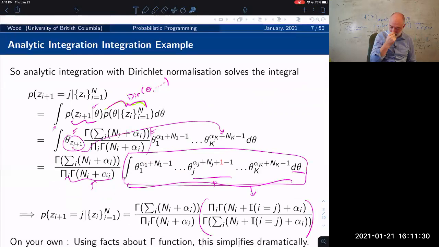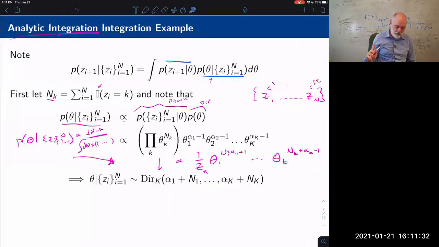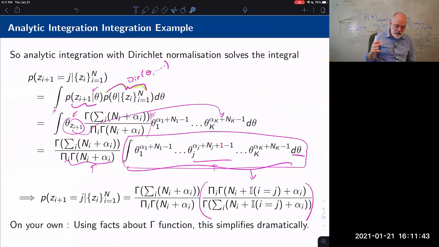But it's worth knowing a couple of things. One is that in order to actually form a posterior estimate or to normalize a distribution, you need to do an integration. And maybe even more to the point, if you're going to do some sort of posterior predictive inference, you also need to perform an integration.